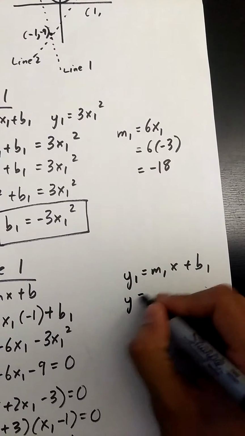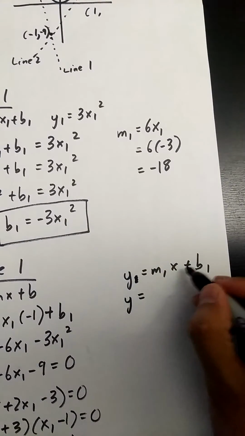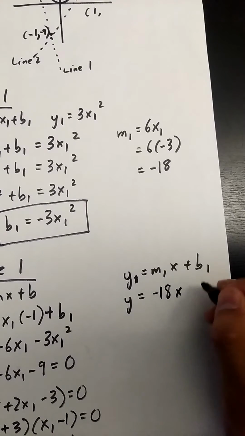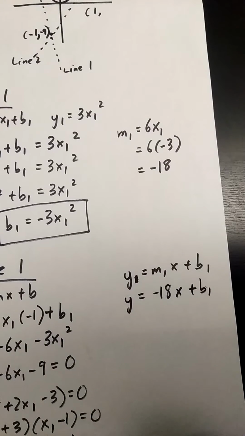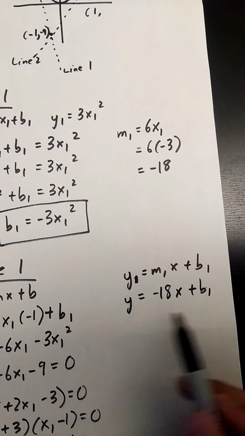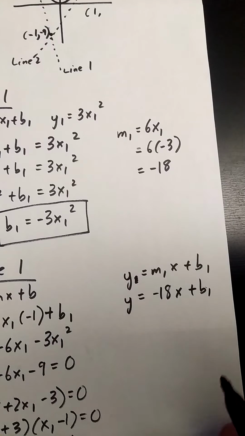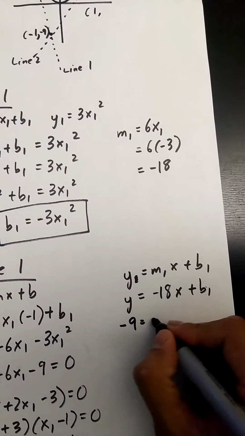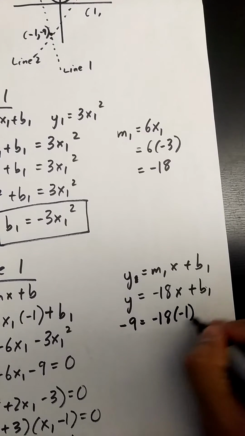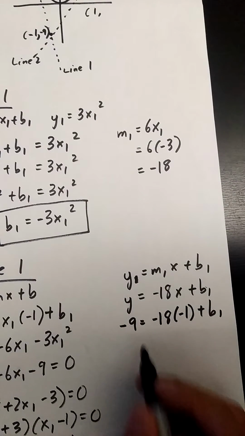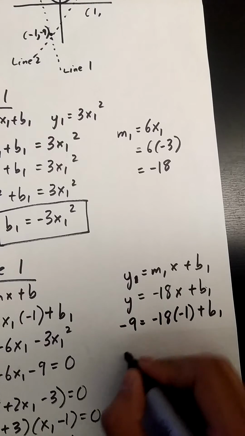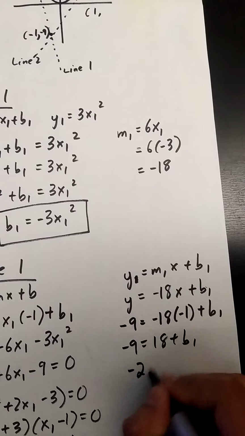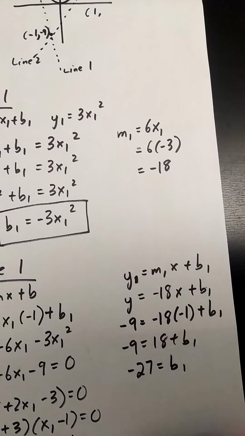So I basically have y equals -18x plus b1. And again, I can sub in my point of intersection into this because I know this line passes through that point. And then I can solve this to find my b1. So -9 equals 18 plus b1. -27 equals b1.